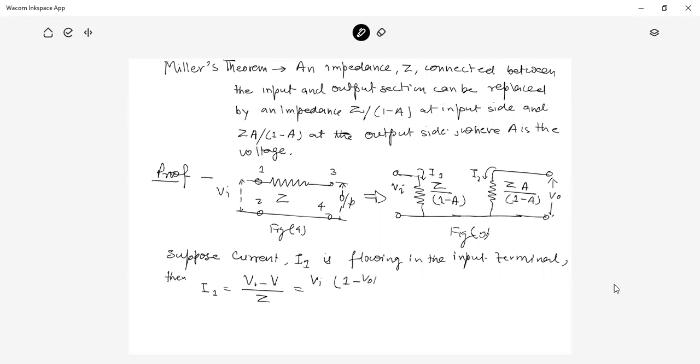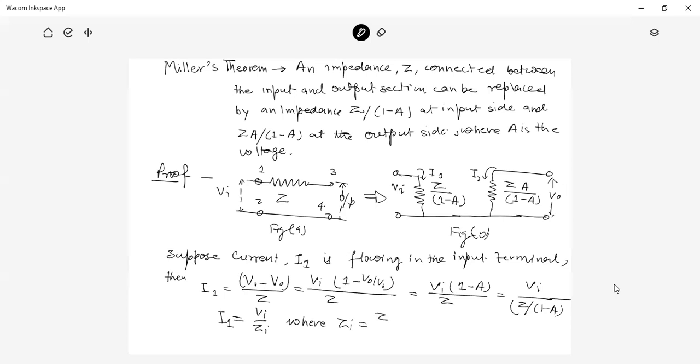This is 1 minus VO upon Vi, upon Z. So this is Vi times 1 minus A upon Z, which is Vi upon Z upon 1 minus A. And this is Vi upon Zi, which is I1, where Zi is equal to Z upon 1 minus A, that is Zi is the input impedance, where A is VO by Vi, the voltage gain.